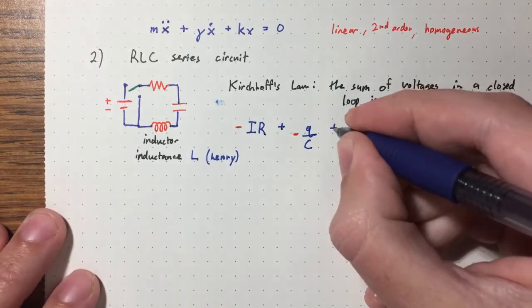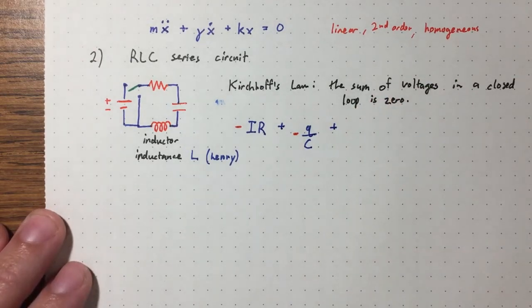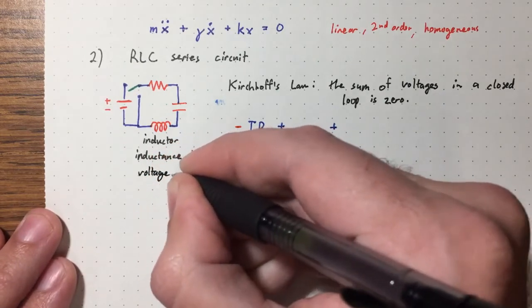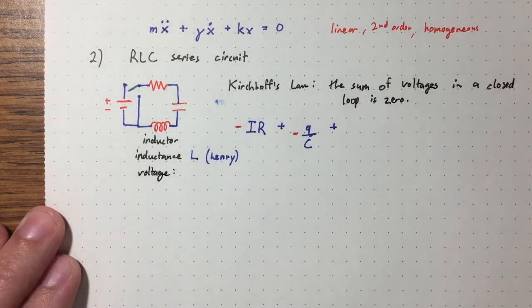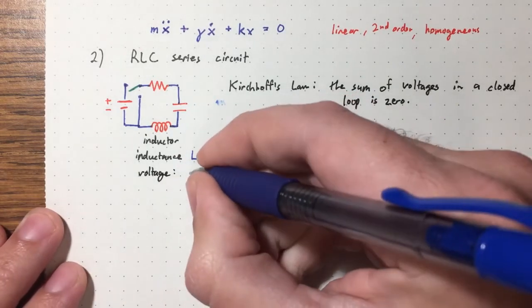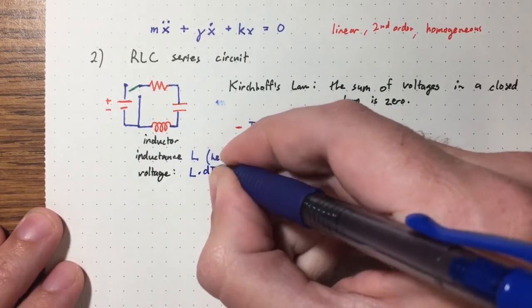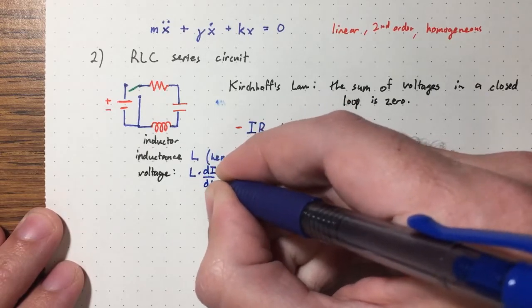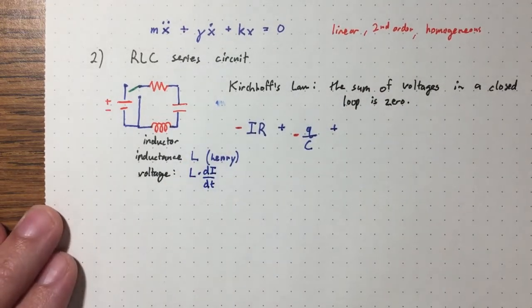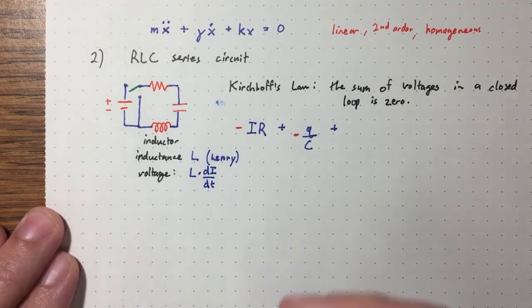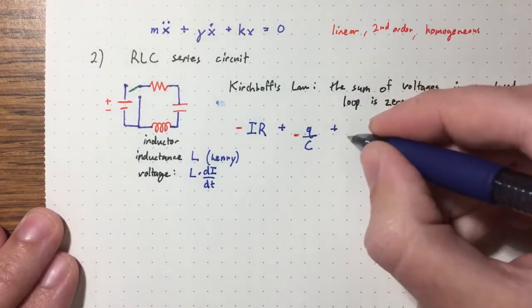Now I have to tell you something new. So what is the voltage across the inductor? The voltage across the inductor is actually this inductance L times the derivative of the current. Okay, so let's write that in.